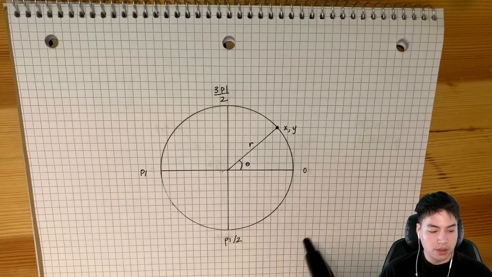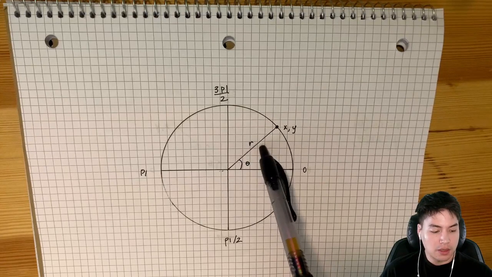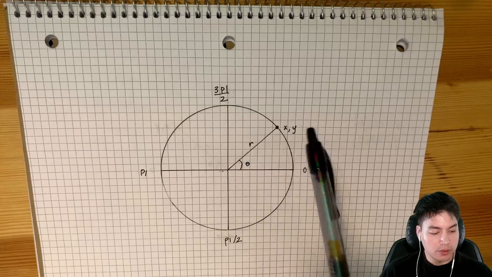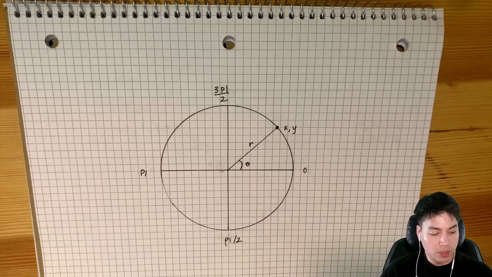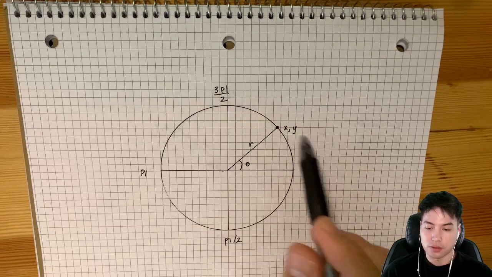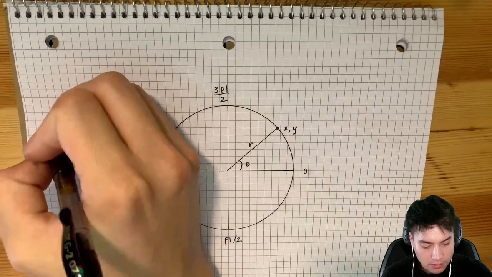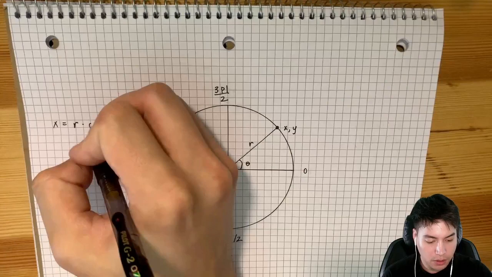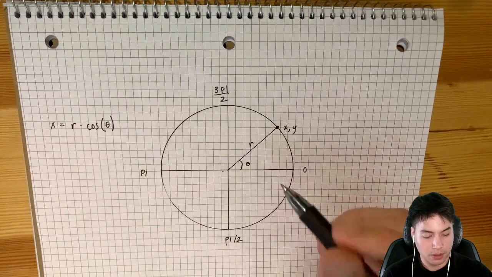As long as we know the radius and the angle, we will be able to determine the x and y coordinates of any point along this circle, right? And the equations that we need to do that are x equals radius times cosine of theta, or the angle here, right?